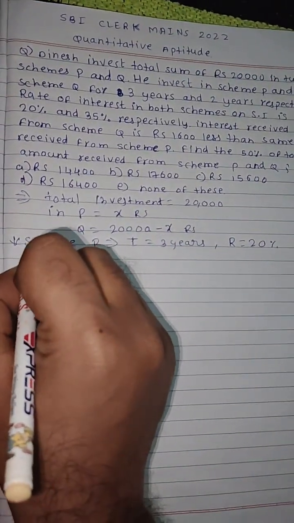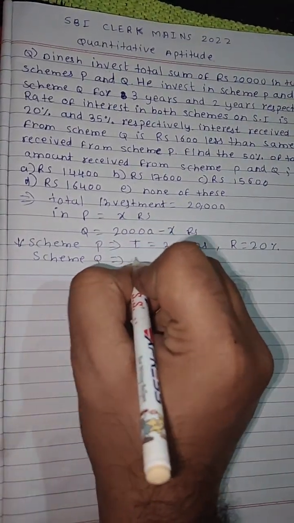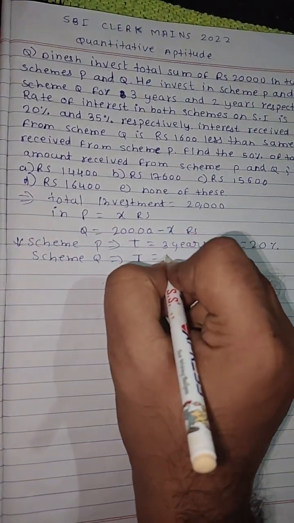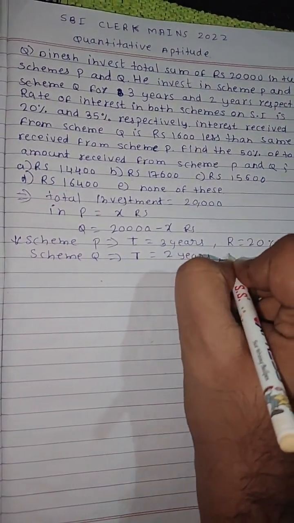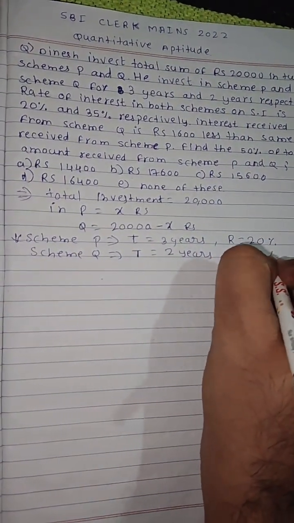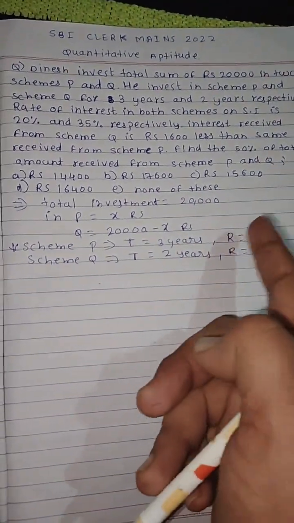And for scheme Q, T is 2 years and the rate of interest is 35%. So this info they have given.